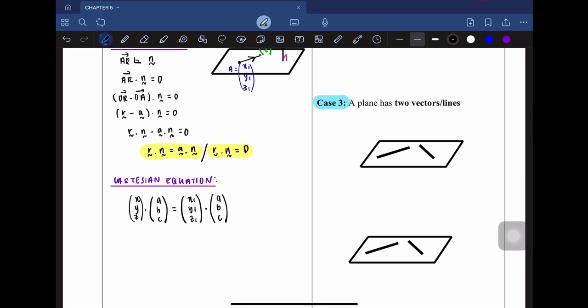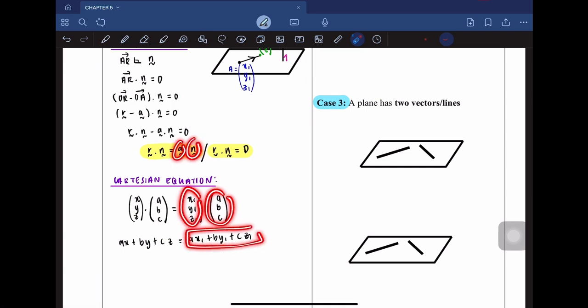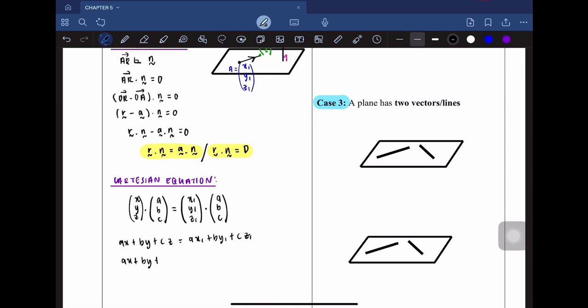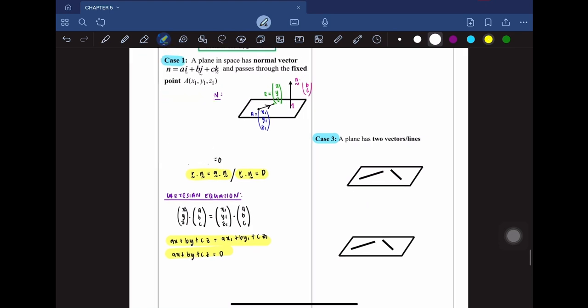The dot product for the left hand side is ax plus by plus cz, and for the right hand side it is ax1 plus by1 plus cz1. Since you will know the normal vector and the fixed point, the right side is actually a constant. So ax plus by plus cz is equal to a constant. This is the Cartesian equation of your plane.